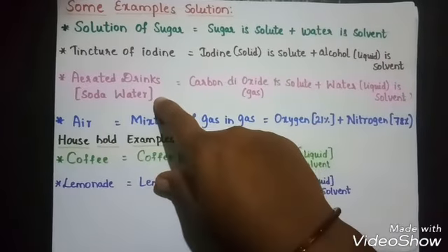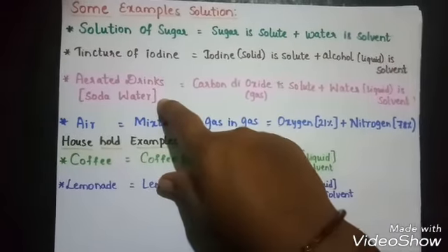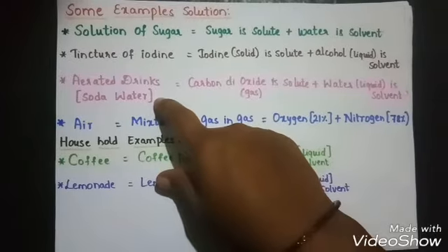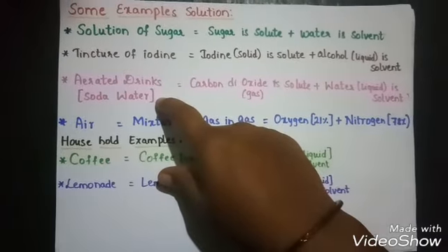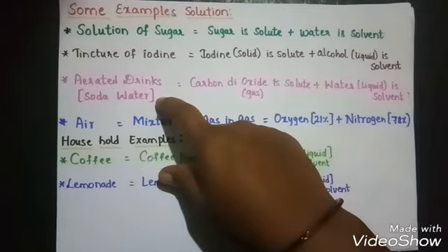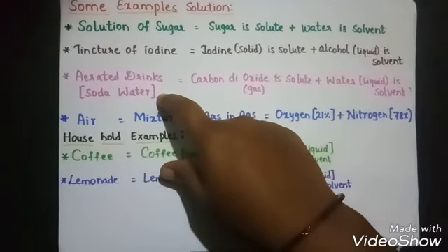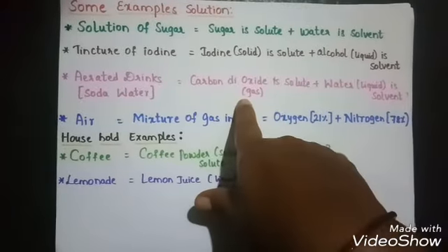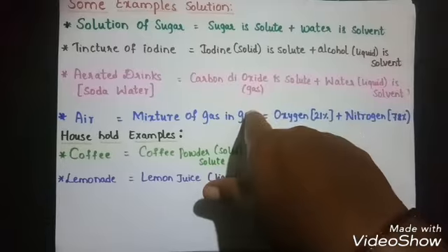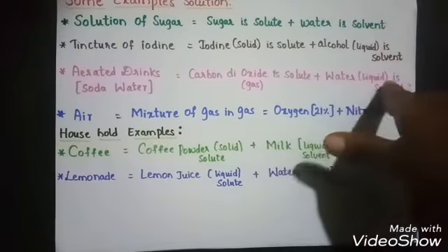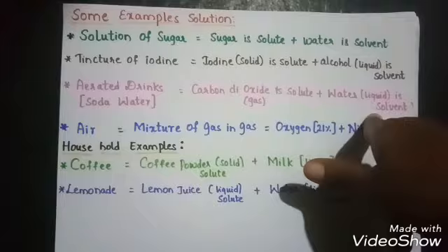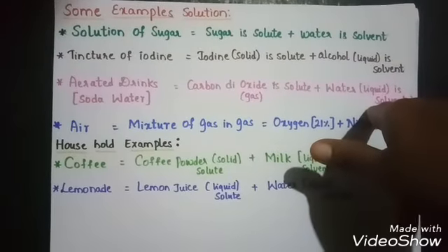Aerated drinks, that is soda water, or the soda you normally drink, like Sprite, Pepsi or Coca-Cola. How are they made? It is a mixture of carbon dioxide gas as a solute and water, a liquid, as solvent. This is how a solution is formed.